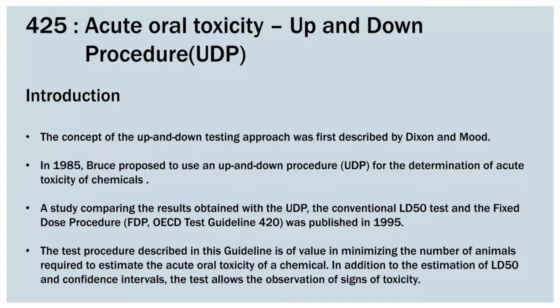A study comparing the results obtained using UDP with the conventional LD50 test was published in 1995, and the test procedure described in these guidelines is of value in minimizing the number of animals required to estimate the acute oral toxicity of a chemical, in addition to the estimation of the LD50 confidence interval, and the test allows the observation of signs of toxicity.